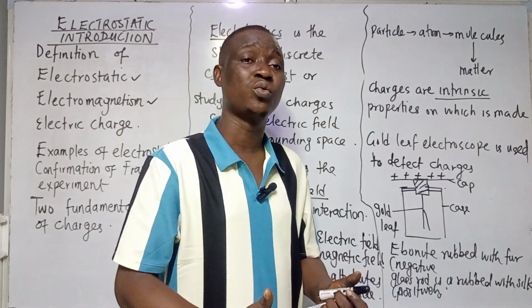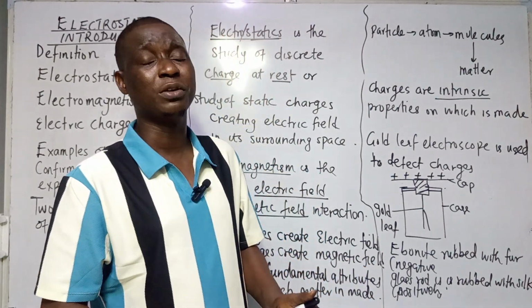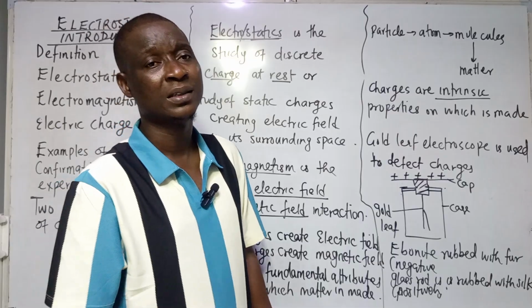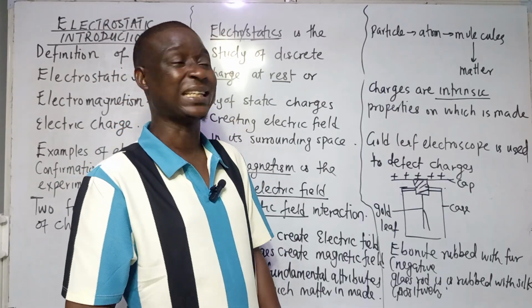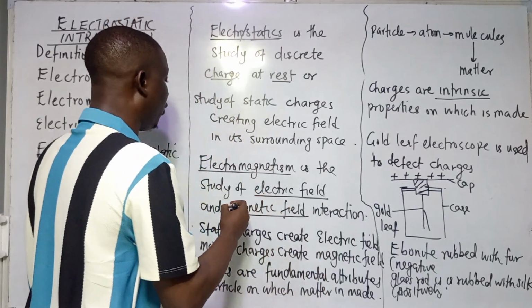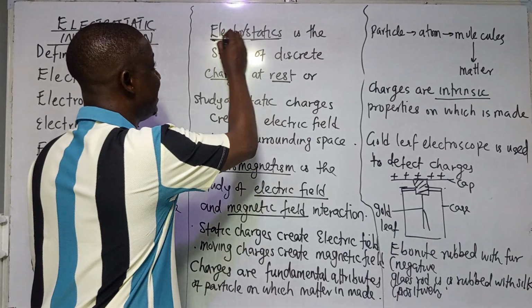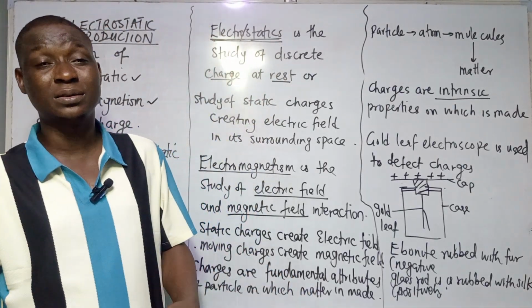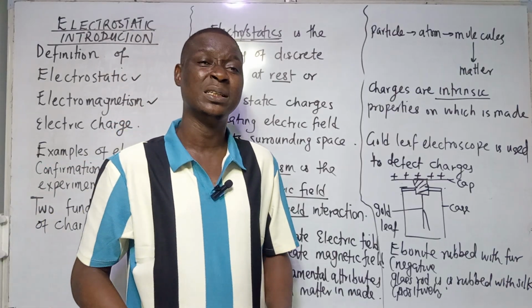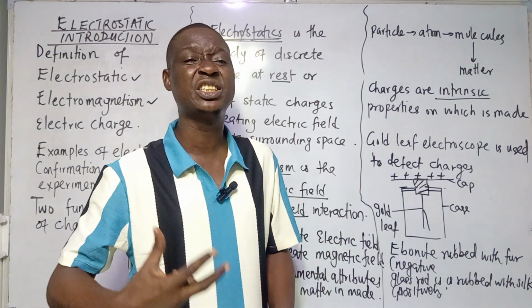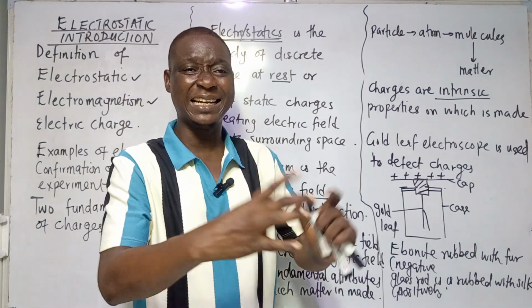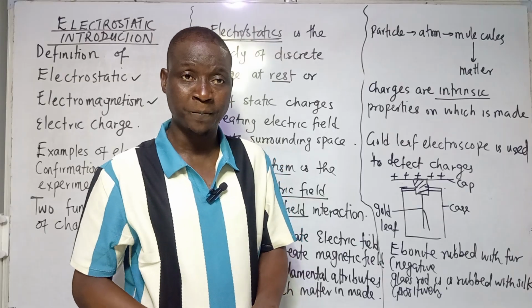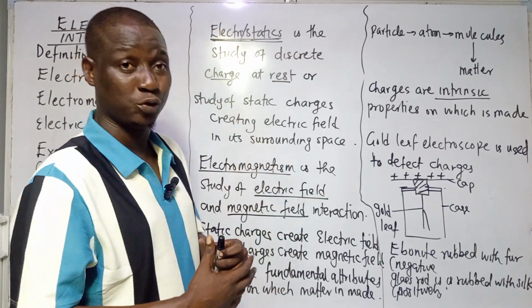There might even be insulating bodies, but at the end of the day, you see them creating charges. They are static charges. And when it involves static charges, we are talking about electrostatics, which is the study of static charges that create an electric field around the surrounding space. So that is what they do.